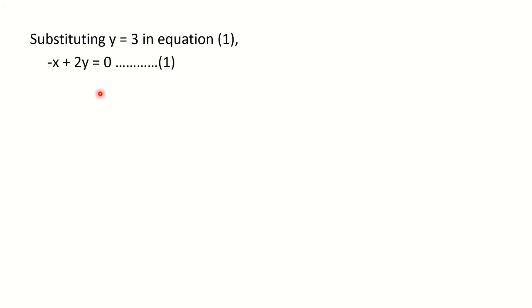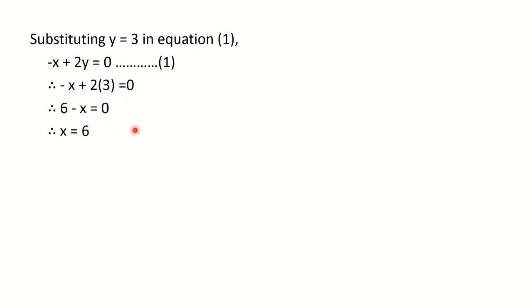So this is our equation 1. Minus x plus 2y is equal to 0. In place of y we are going to write 3. So minus x plus 2 into 3 is equal to 0. That is, 2 3s are 6, I have written first, and then I have written minus x is equal to 0. Now I can shift this minus x this side, that is going to become plus.